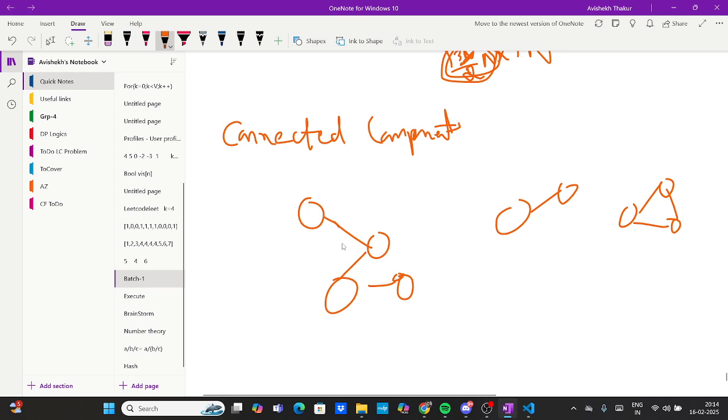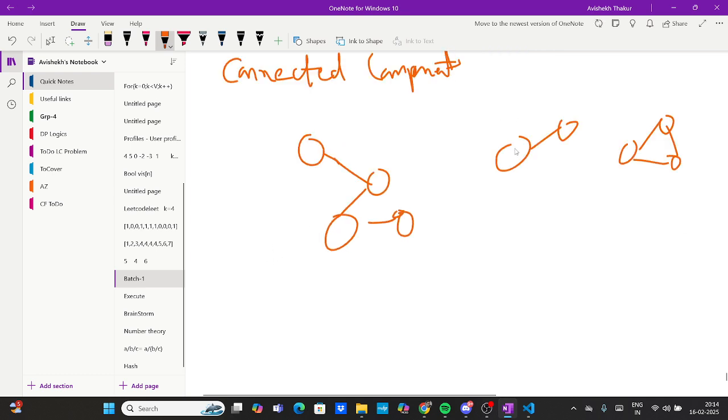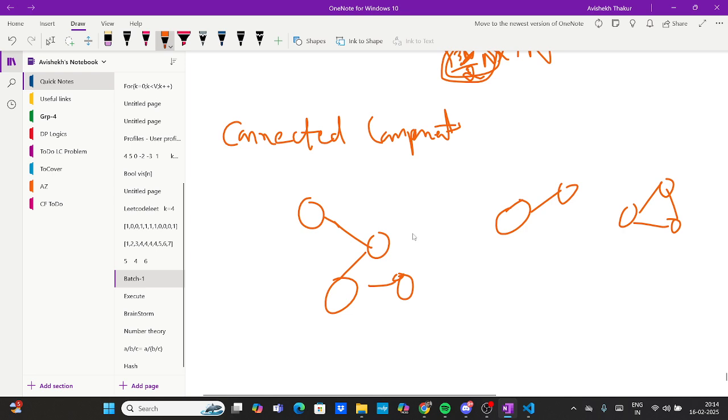Is it 3, or is it 1, or is it 2? Yeah, so this is one thing, that there are not 3 graphs. It is one graph only, but it is disconnected. It is broken into components.